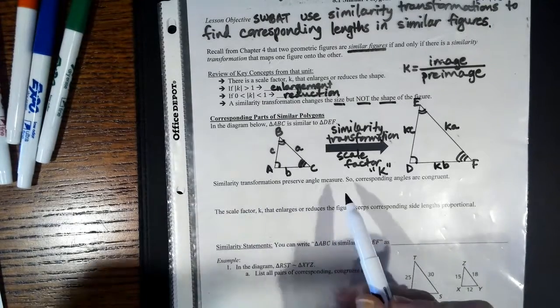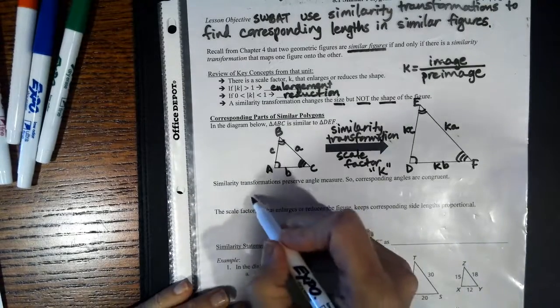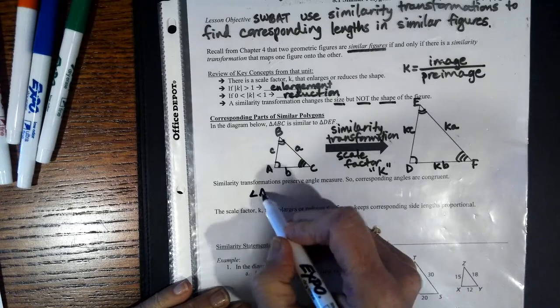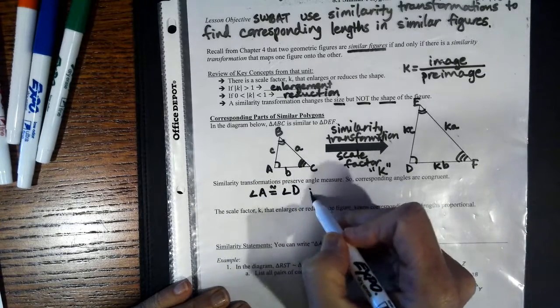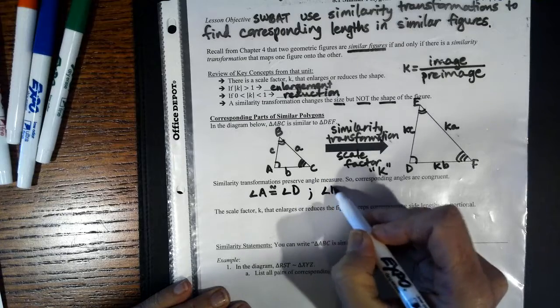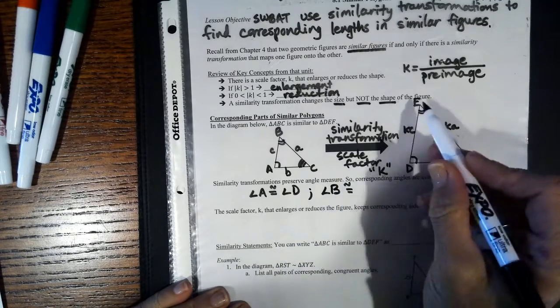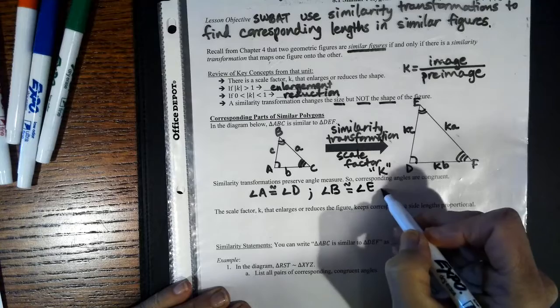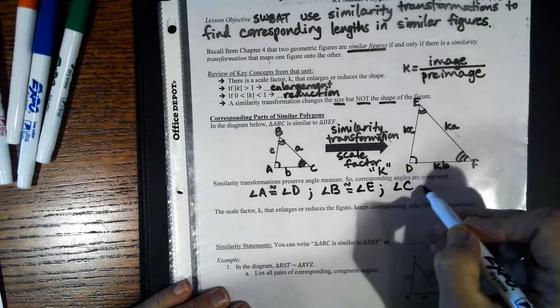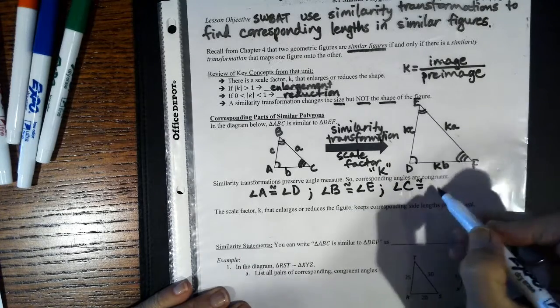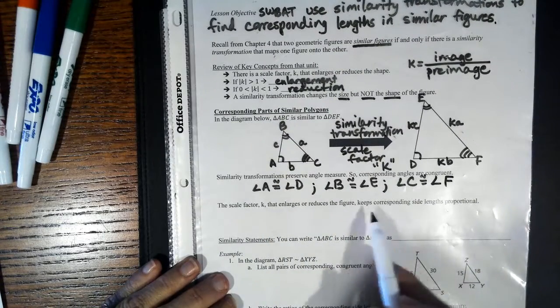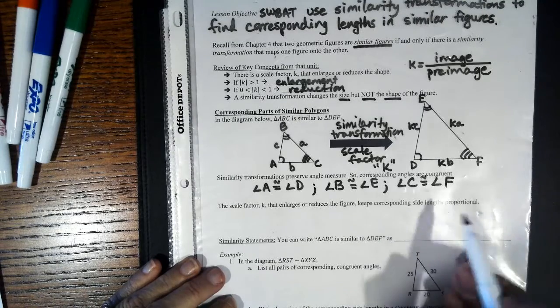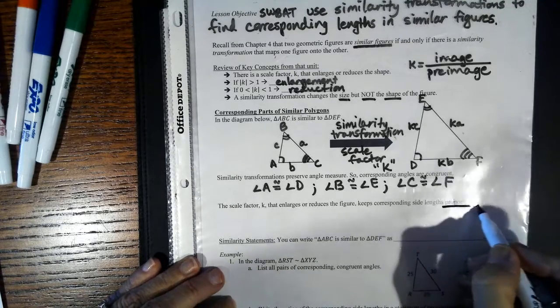It also preserves angle measure, so we can write that angle A is congruent to angle D. Angle B is congruent to angle E. And angle C is congruent to angle F. The scale factor k that enlarges or reduces keeps the corresponding side lengths proportional.